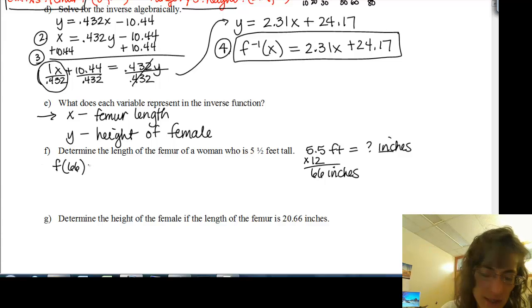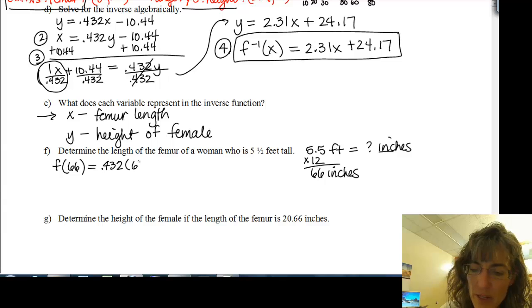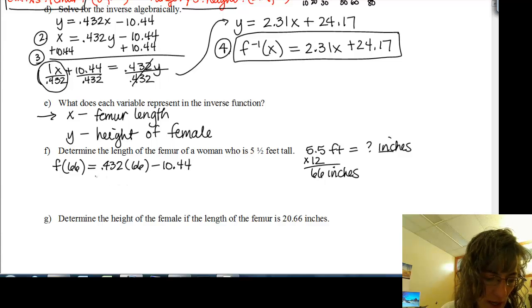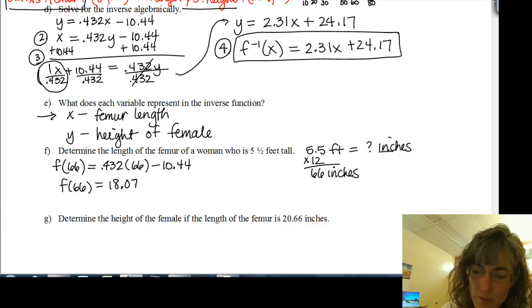So we're going to use the regular function f of 66, which means it'll be 0.432, and this is from up above, times 66 minus 10.44. That's our original function, remember. Calculate that out, and I get f of 66 equals 18.07.